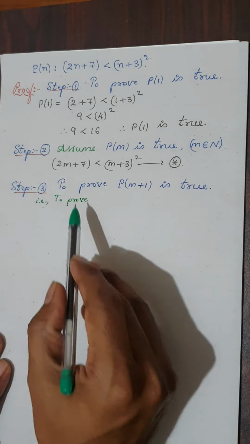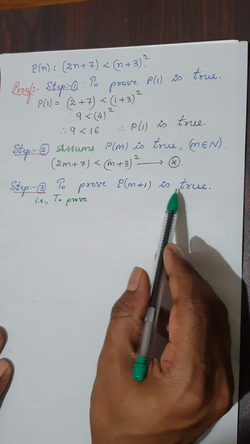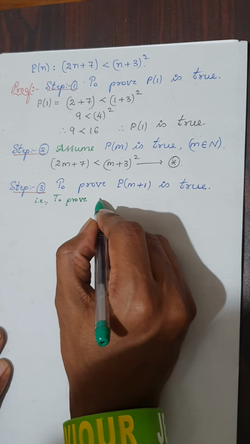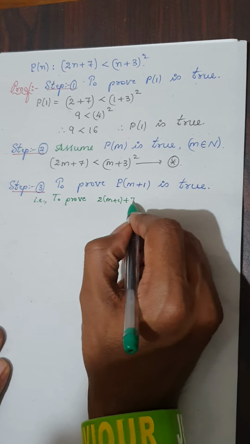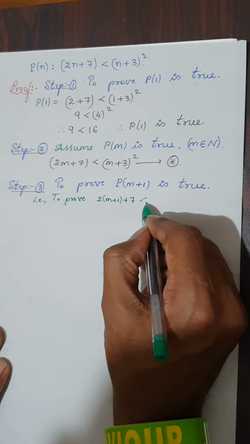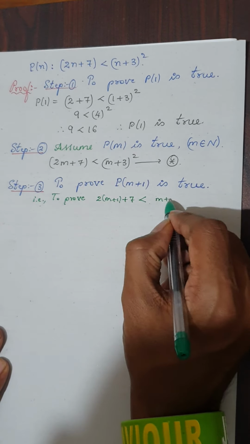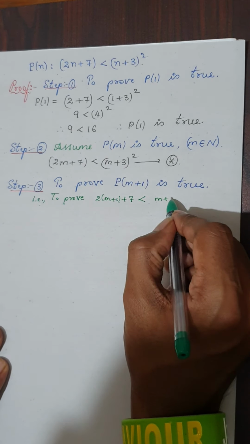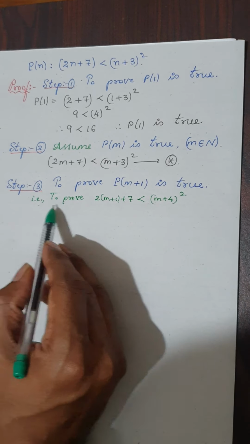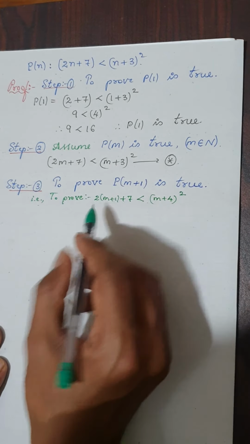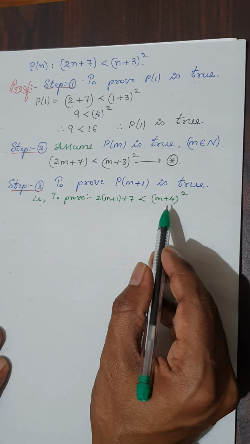Fine. So what do you mean by proving P of m plus 1 is true? Actually, we have to prove 2 into m plus 1 plus 7 should be strictly less than m plus 1 plus 3, which should give me m plus 4 whole square. Okay. This is what I have to prove. Again, I'm telling you, this is what I have to prove, isn't it?